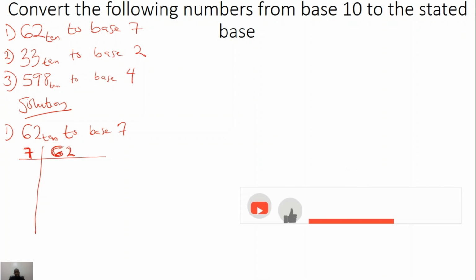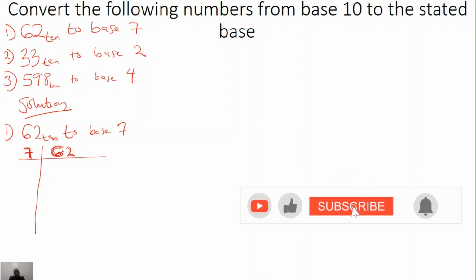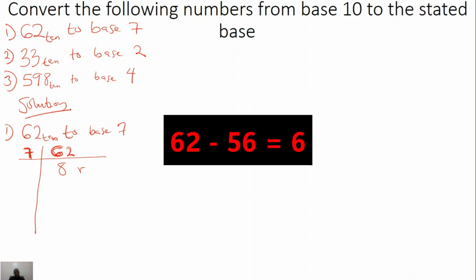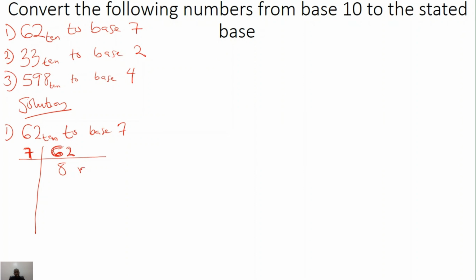What we'll be doing is we'll divide 62 by 7, and that will give us 8 remainder. Don't forget that 7 times 8 is 56, right? 62 minus 56 will give us 6. So remainder 6.